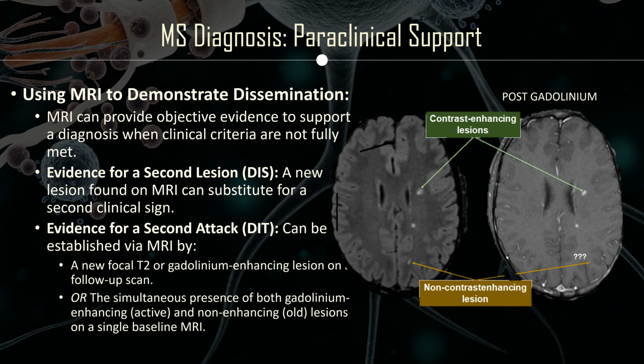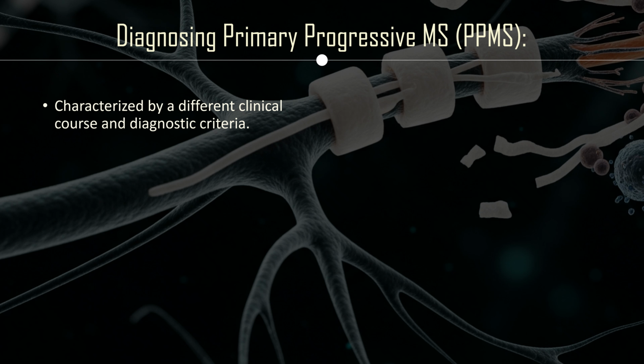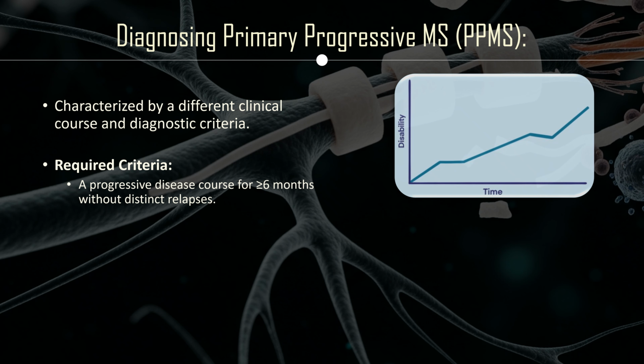It's crucial to remember that not all MS follows the relapsing-remitting pattern. Primary progressive MS, or PPMS, is a distinct clinical course with its own specific diagnostic criteria. Unlike relapsing forms, PPMS is characterized by a progressive disease course for at least 6 months, notably without distinct relapses.